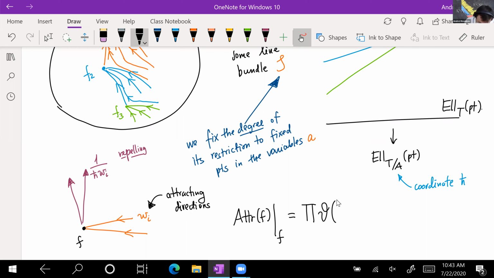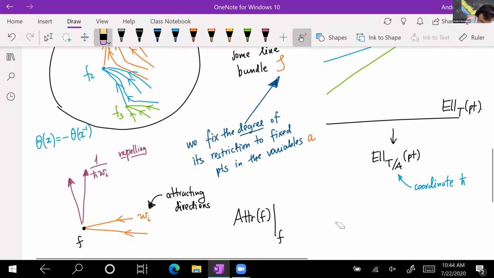Theta is a symmetric function, so theta of x is minus theta of x inverse. The line bundle theta is symmetric with respect to reflection in the elliptic curve, but the section changes sign, which is maybe not so important.